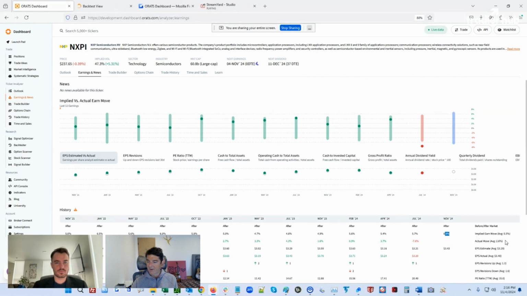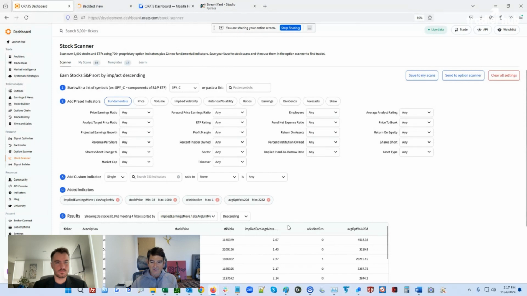Actually, this is the other way, right? So this is the average actual is pretty low on NXPI. Did I look at the scan backwards? So this is the implied earnings move. Oh yeah. So this is where the implied is over actual. We want to do this ascendingly.